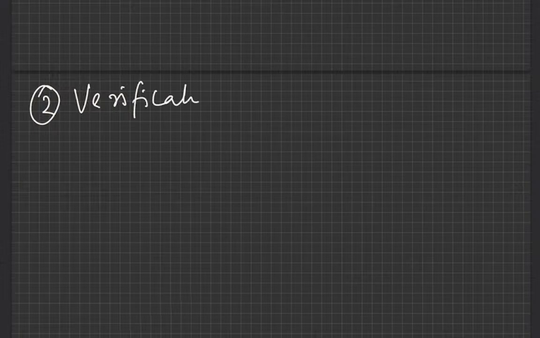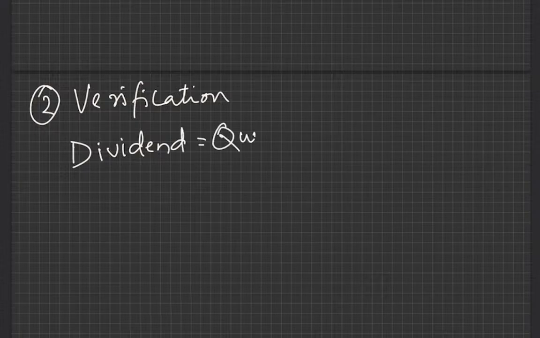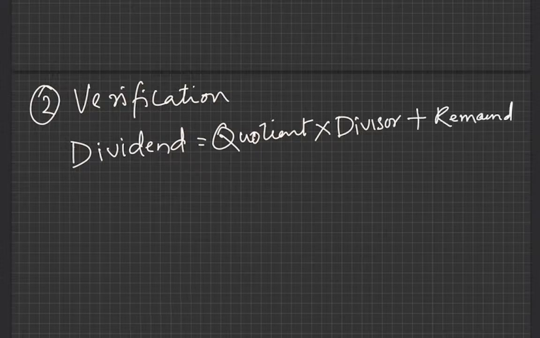So this is the second part. Verification. Okay. So verification, the same thing. Dividend is equal to quotient times divisor plus remainder, right?